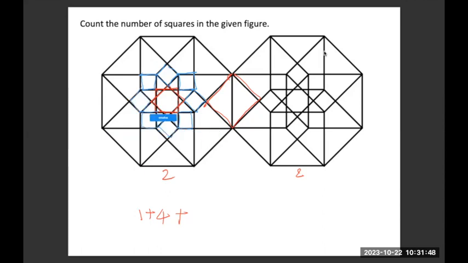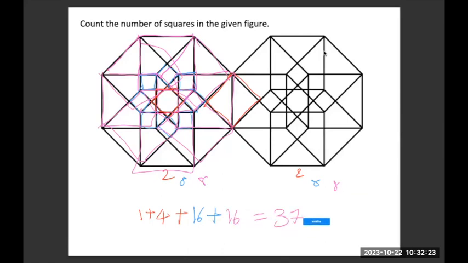So there are 8 squares like this, 8 here and 8 here, so 16 plus. Besides that, there will be 8 squares happening on the sides also, like this. So 8 and 8 more, so 16. So this comes to 37. Is it clear, Meera?